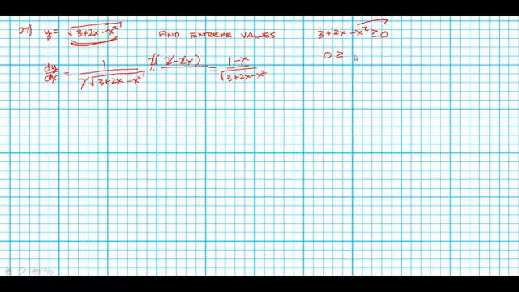0 is greater than x squared minus 2x minus 3. Sorry, the expression (x minus 3)(x plus 1) has to be less than 0, which means I've got to get two negative signs out of here.